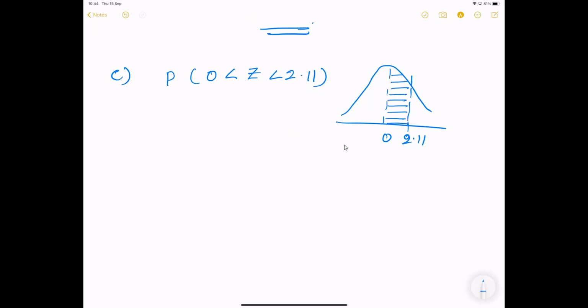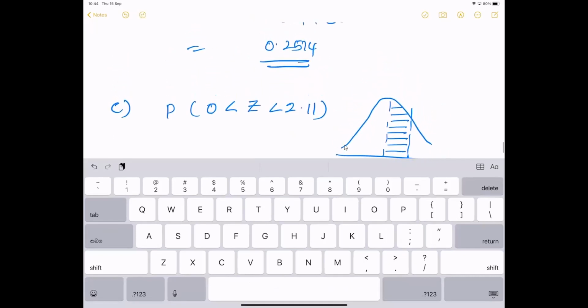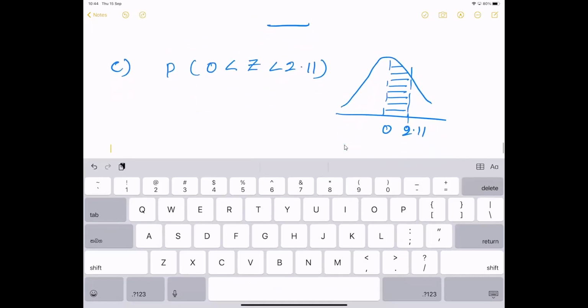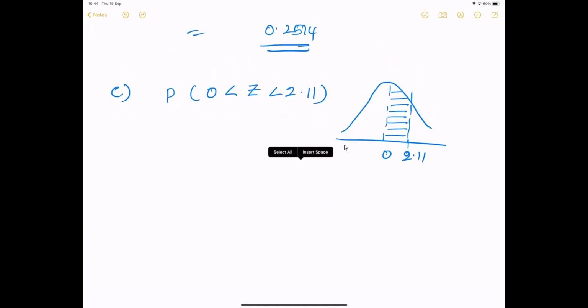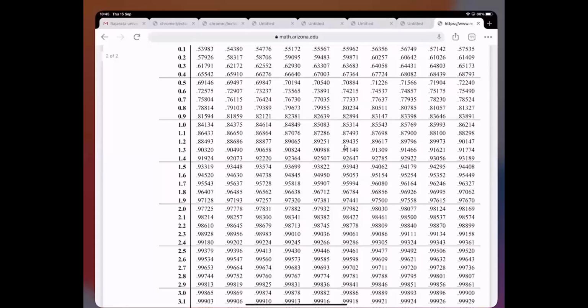In a standard normal table, as I discussed earlier, we have the left-sided area from negative infinity to 2.11. This total area, from negative infinity to 2.11, we can find by using your standard normal table.